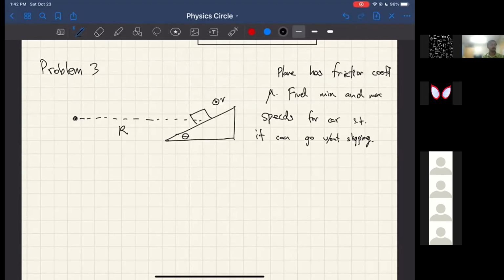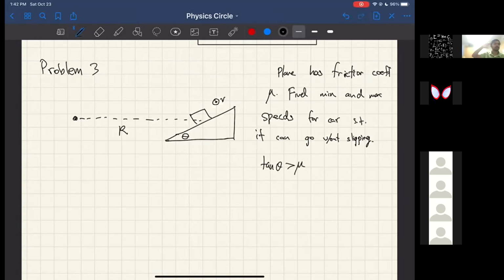Just imagine if the car is not moving at all, it's not moving in a circle, then it's just going to sit there and just slide down the inclined plane because there's no circular motion. So if the speed is 0, it'll just slide down, assuming that tan theta is greater than mu or something.